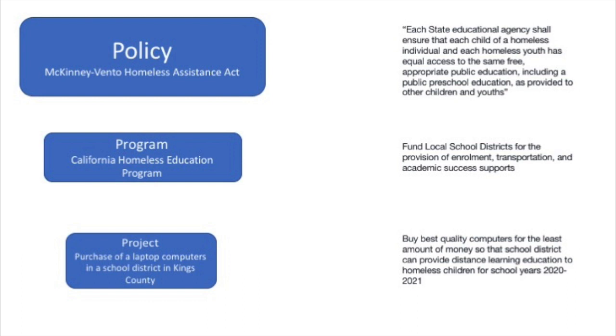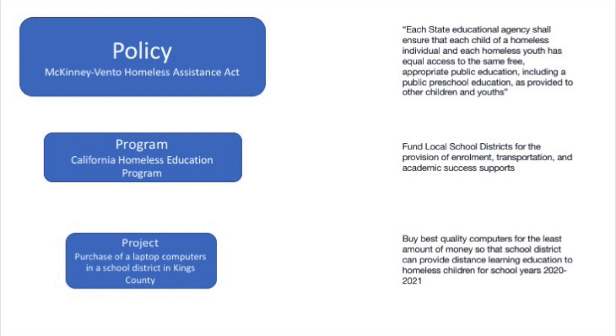Right? This is the policy statement. Every child should have the same opportunity, right? And it's the job of a state to ensure that this happens, right? That's the policy. It doesn't say how you're going to do it. It just says do it, because that's what we value.